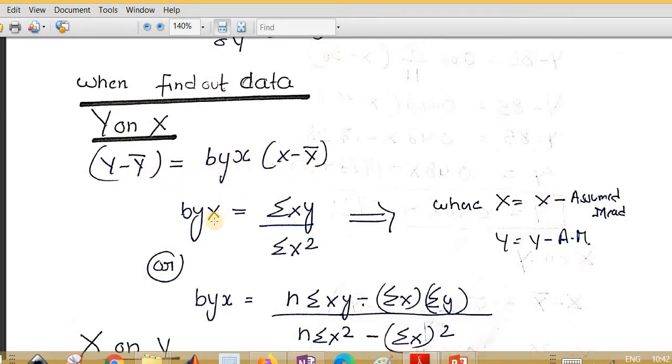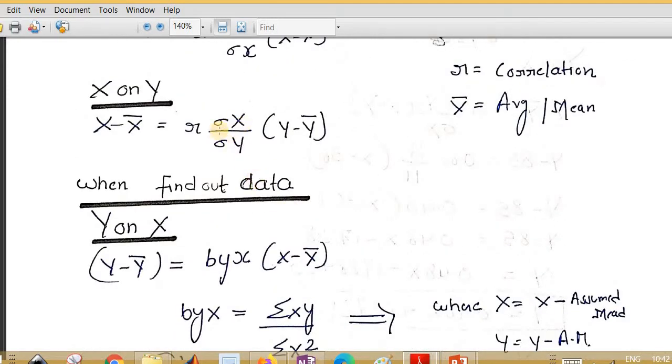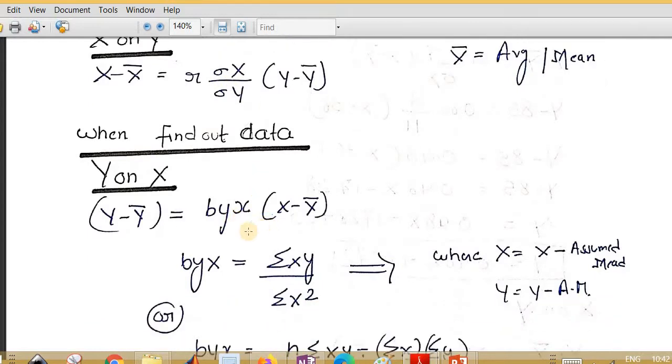What is the value of byx? It is summation xy upon summation x square. We name this value b of yx because it is y on x. So y minus y bar equals byx, x minus x bar.